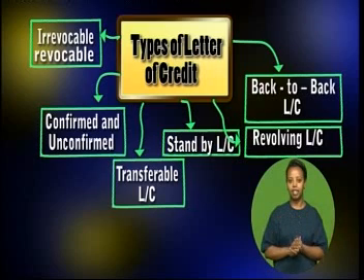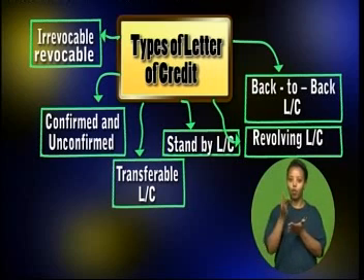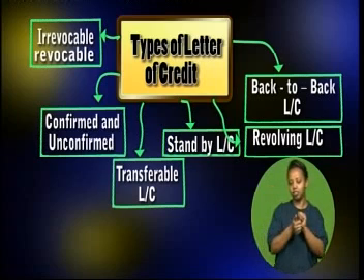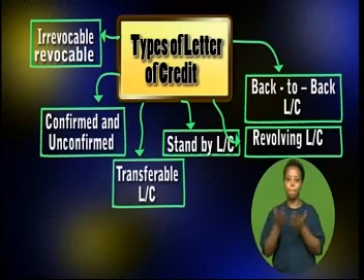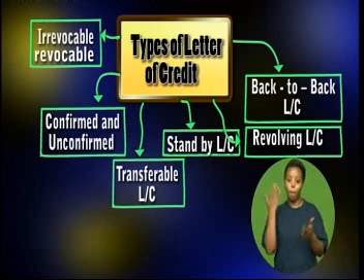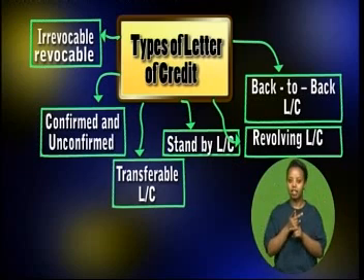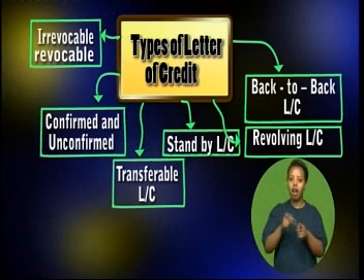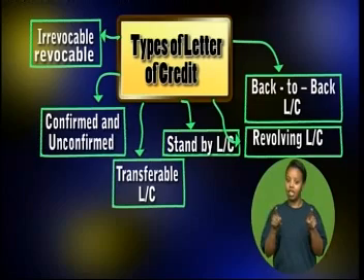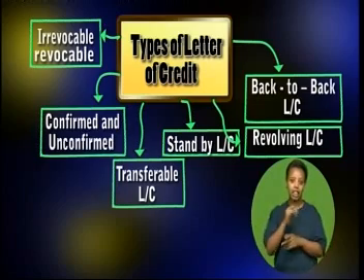A single revolving letter of credit can be used over several transactions between the same buyer and seller. A back-to-back letter of credit may be used when an intermediary is involved, but a transferable letter of credit is unsuitable.